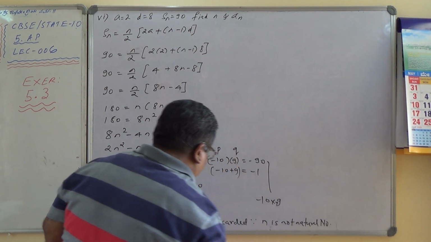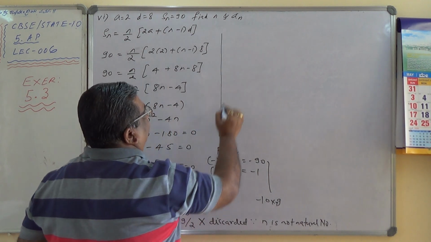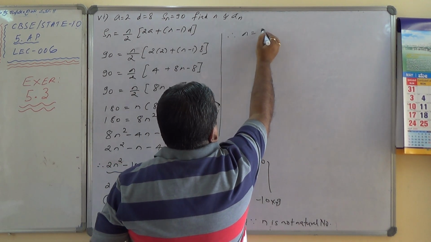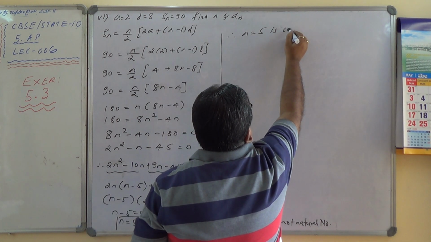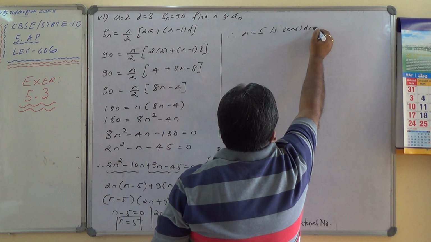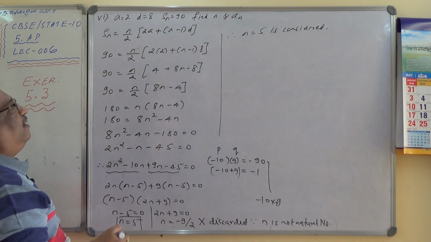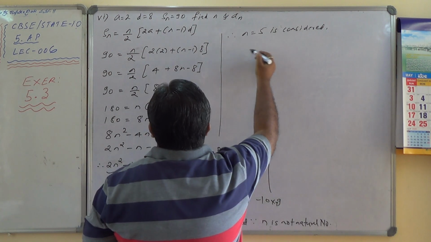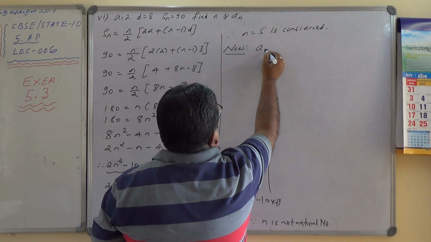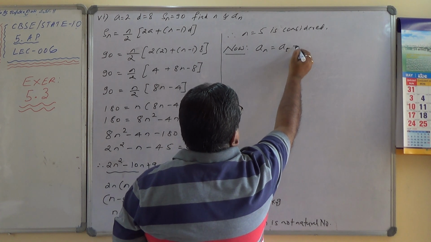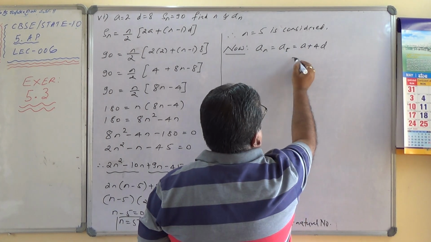N is a natural number, and therefore what is the value of n accepted? Therefore n equals 5 is considered. Once you know n, can I find out an? Now an equals a5 equals a plus 4d.